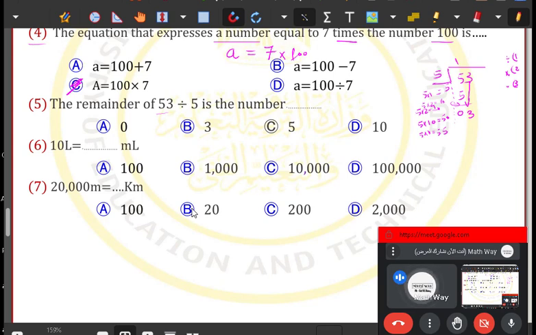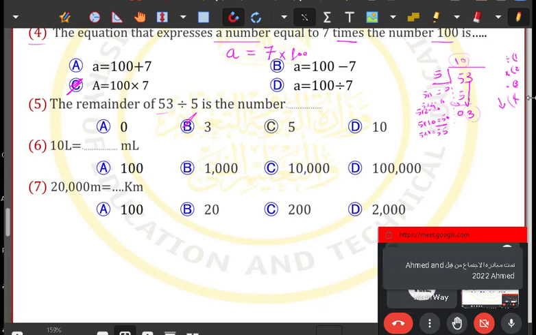As you know, 53 is between 50 and 55, so when we try to divide for the second time, 3 divided by 5, we cannot. Number 4 is to bring down, but we cannot bring down here, so we can put 0 here. So the quotient is 10 and the remainder is going to be 3.